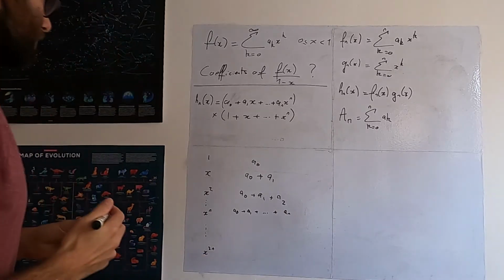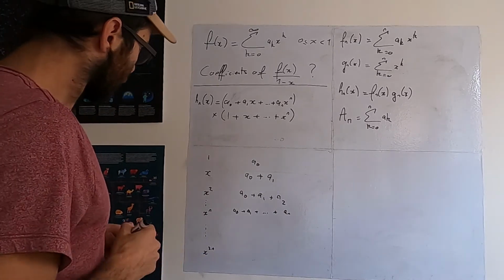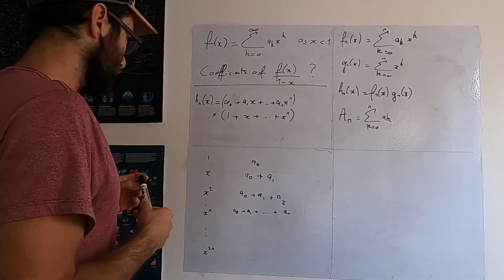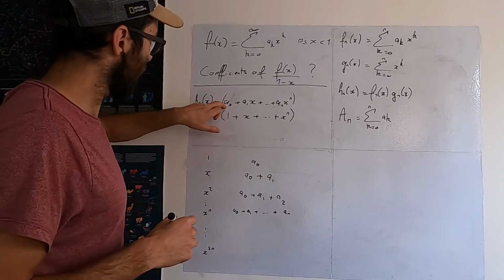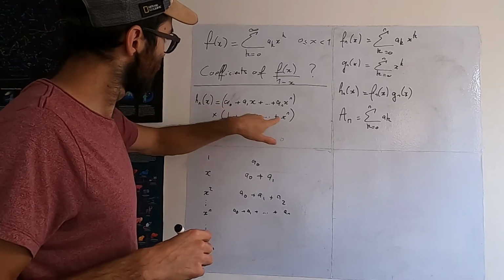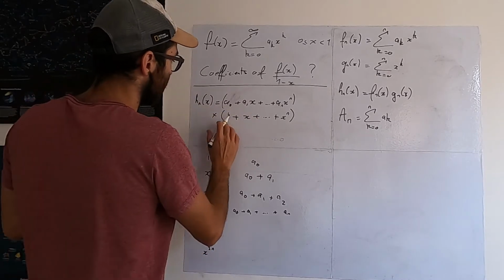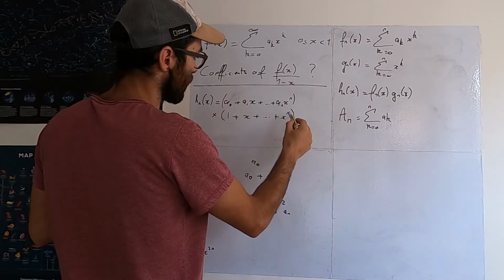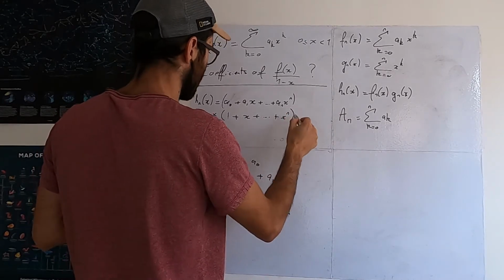Now what happens after? So in front of x power n plus 1, you cannot have a0, right? Because a0 times whatever is here is never going to give you x power n plus 1, because the largest term here is xn.